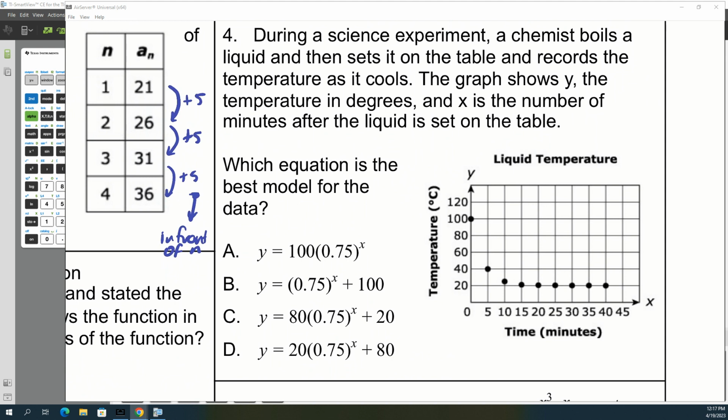What I did is I just kind of looked at 5, I plugged 5 in. I think there might have been 2-ish that were close. And then I plugged 10 in. So when you plug 5 in, you get something close to 40. When you plug 10 in, you get something close to 20. And it stays close to 20 for a very long time, which is going to end up being C.